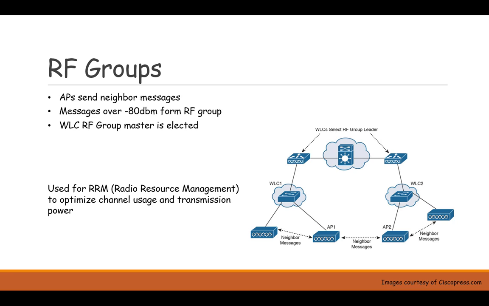Now, one of the major benefits of having a centralized wireless design and the unified wireless network is the ability for automatic radio resource management. Now, what do I mean here? I mean that when you have wireless access points everywhere, to ensure you have coverage in the places you need most, you also end up with a lot of coverage overlap.